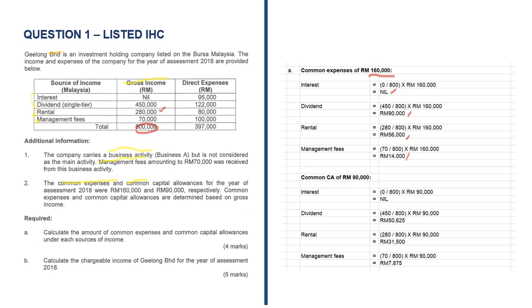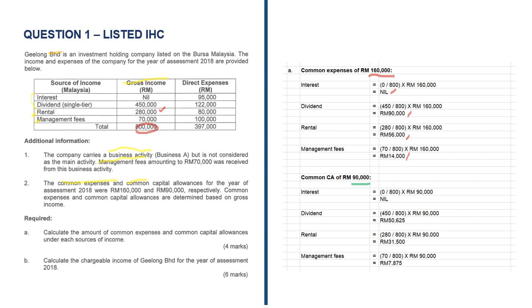Next, we move to common CA. Kita ada CA sebanyak 90,000, tapi capital allowance ni dikongsi oleh 4 income here. So bila dia dikongsi common, we need to apportion. Cara apportion sama macam yang kita buat untuk yang atas tadi tu. Kita ambil berapa gross income for each source of income over total gross income darabkan dengan the amount of common expenses yang kita nak apportion tadi.